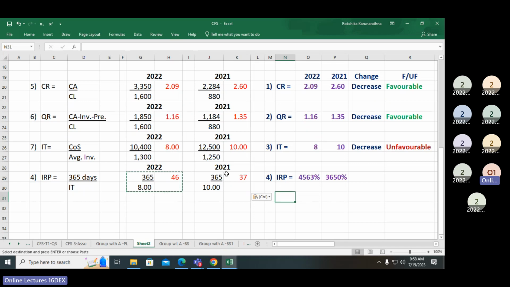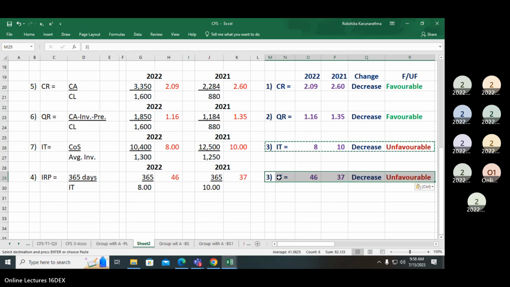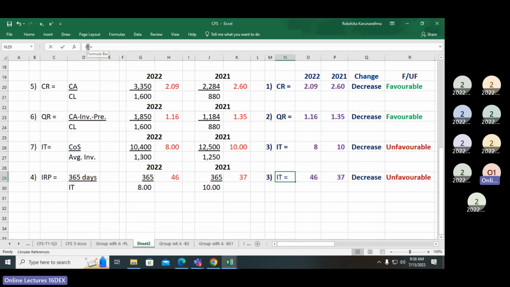Number of days අපි decimal වලට යන්න ඕනේ නැහැ. right? දින 37 46ට වැඩි වෙලා. So it takes a longer period. This inventory resident period increased from 37 to 46. Increase. But here increase is unfavorable. Increase unfavorable.